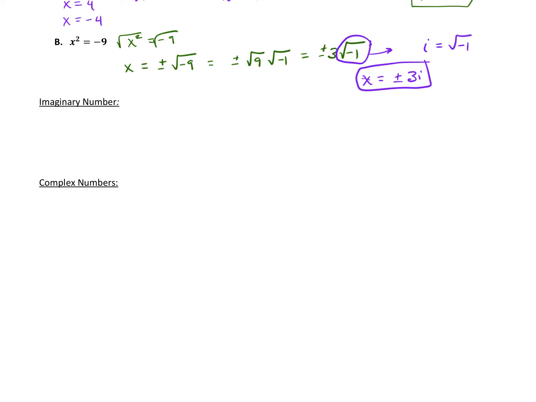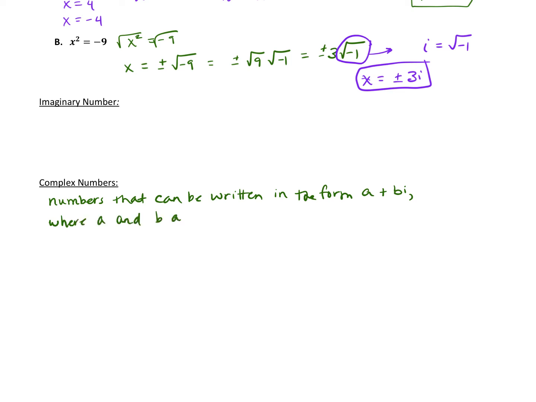Complex numbers are numbers that can be written in the form a plus bi, where a and b are real numbers and i is the square root of negative 1.